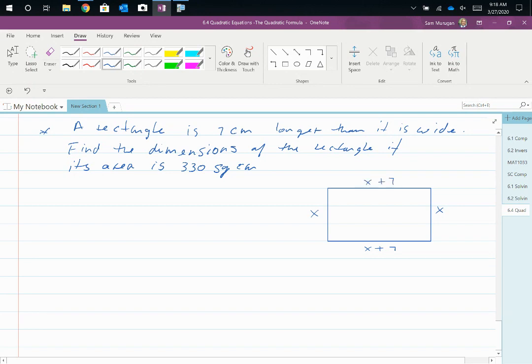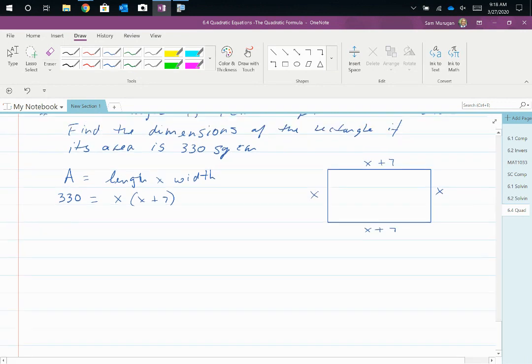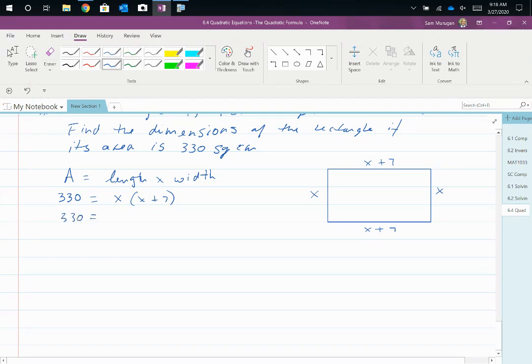Okay, and we know that the area of a rectangle is the length times the width. So the area of 330 is equal to the length multiplied by the width. So this gives 330 is equal to x squared plus 7x.